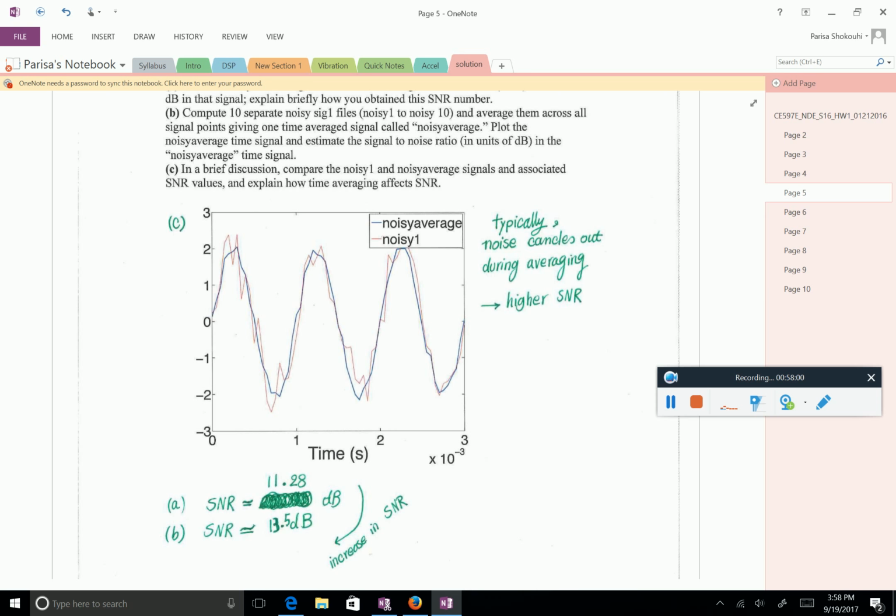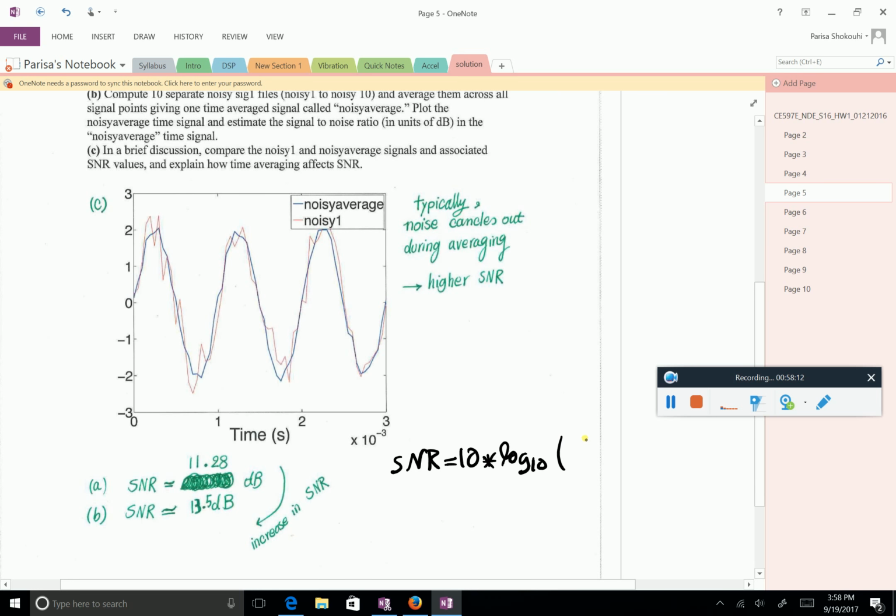Something to remember is that for signal to noise ratio, you are comparing the variance of signal plus noise to noise, not just signal to noise. That's like your signal; noise is inside. Here I have given you the noise, that's the random noise.